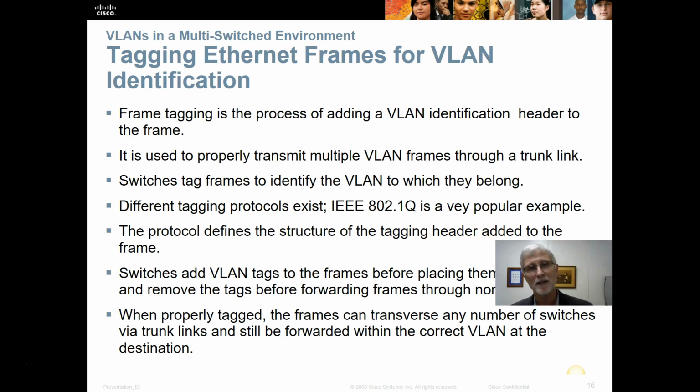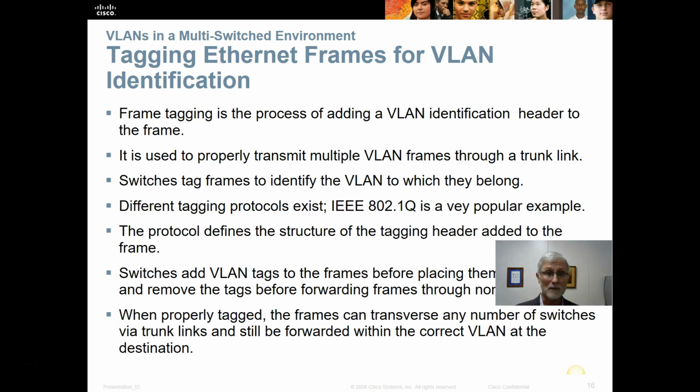Switches tag frames to identify the VLAN to which they belong. So when the switch says, hey, ports 1, 2, and 3 are VLAN 10, where 5, 6, and 7 are VLAN 20, those packets are framed with the VLAN they're going to, so that you won't get multiple VLANs on it. They only have the one that originated it.